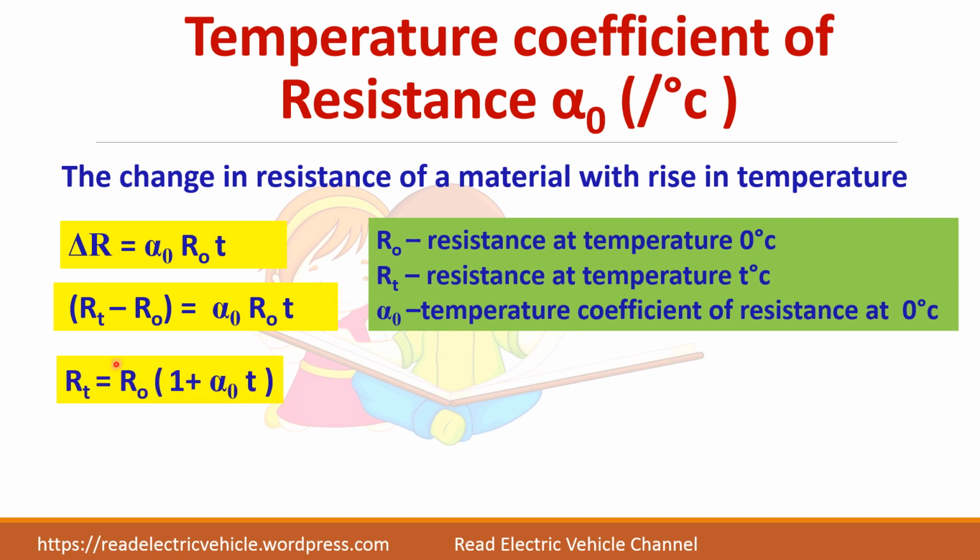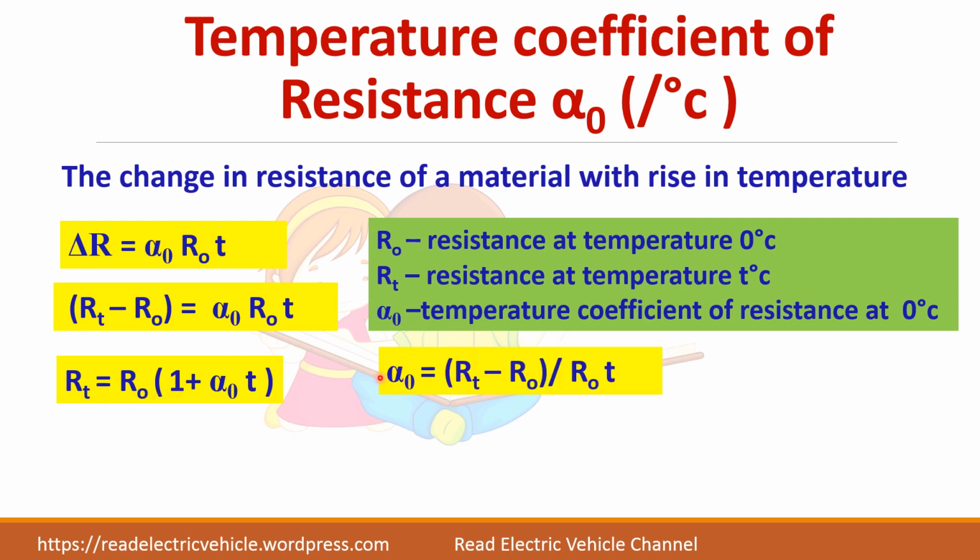From that you can find RT. So using this formula, you can find the resistance at any temperature if you know the resistance at 0 degree as well as the temperature coefficient at 0 degree.